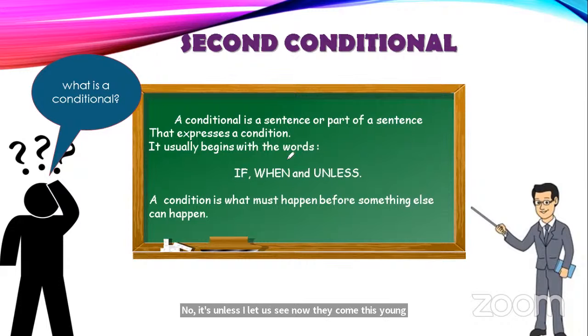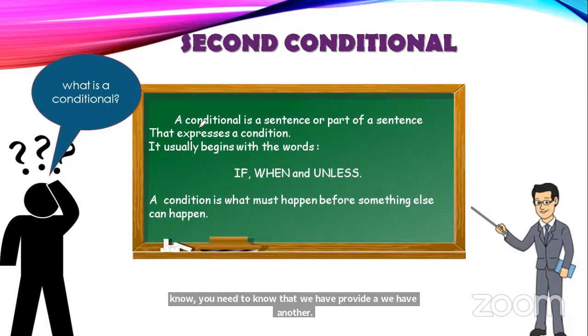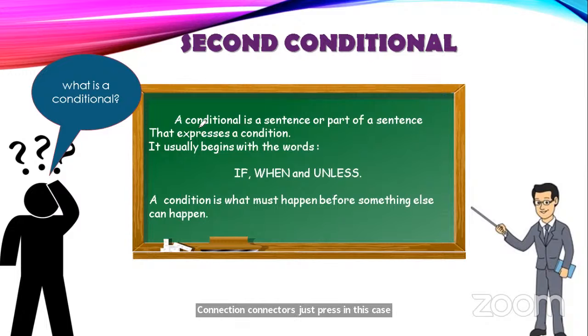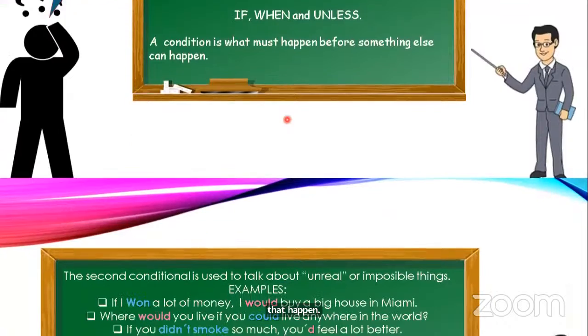Those are the words that you are going to use for conditional sentences at the moment, because maybe in the next level we have other connectors to express the condition. So what is a condition? It's something that you just need to complete. And if that happens, something else is going to happen. Okay, let's see what is the next one.